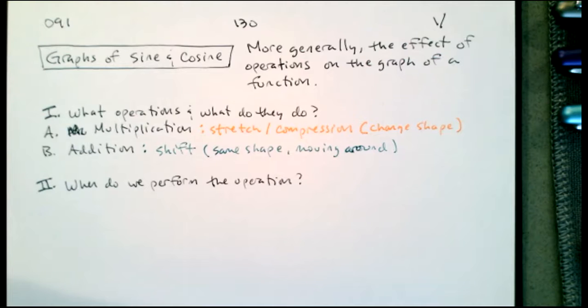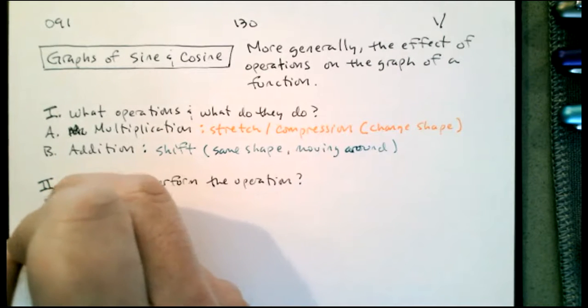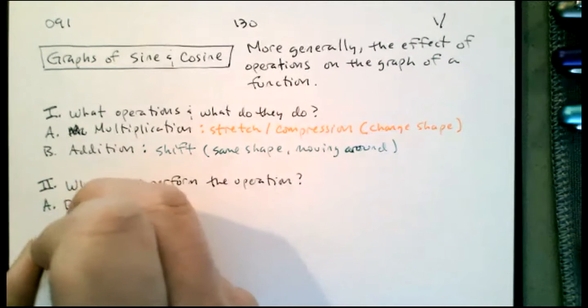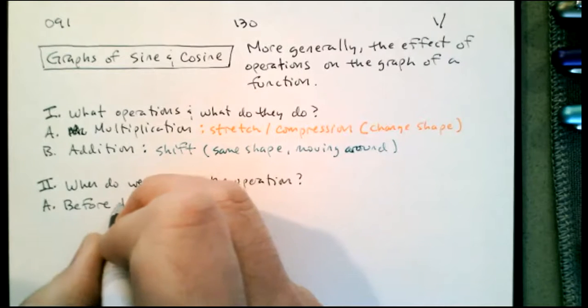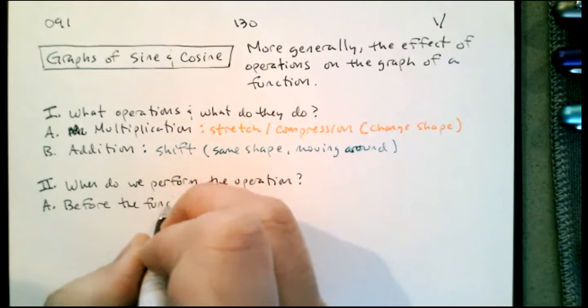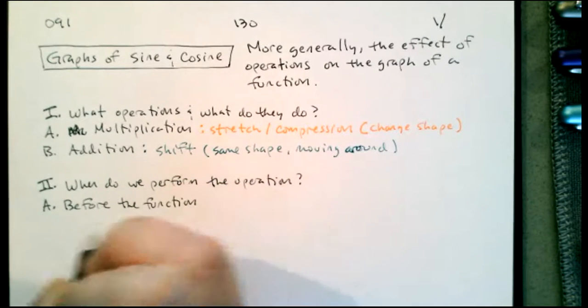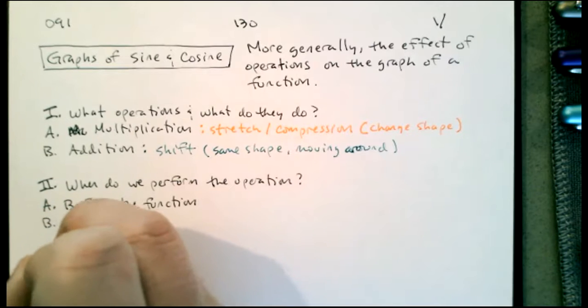There are two things that could happen here. Either we can do the operation before the function, or we can do the operation after the function.